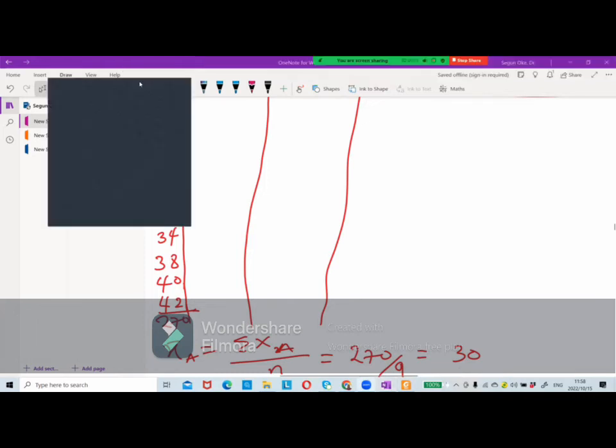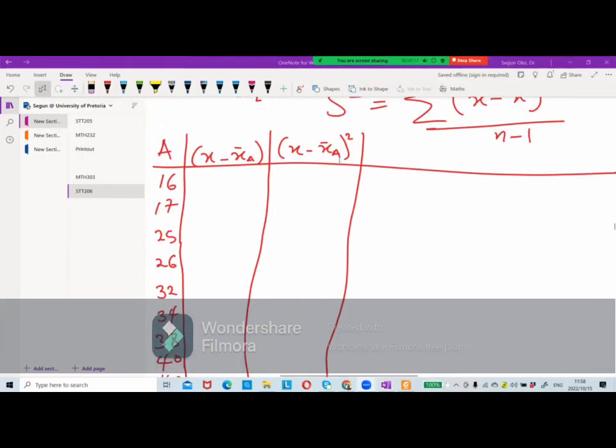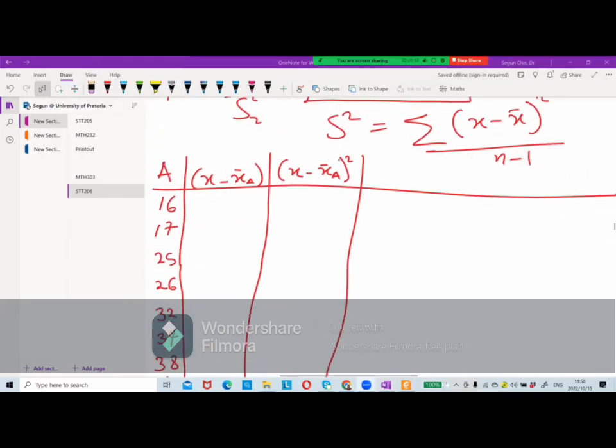Now we deduct it from each X. 16 minus 30 is minus 14. 17 minus 30 is minus 13.